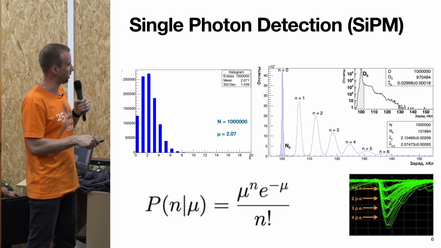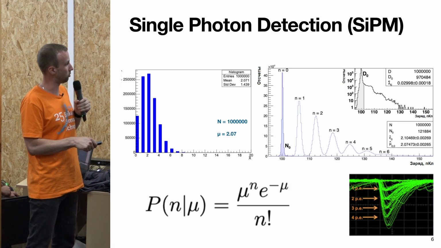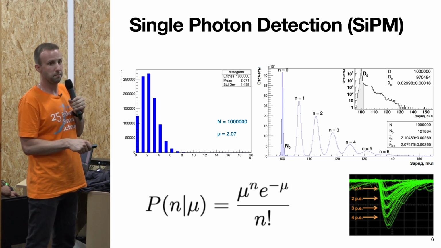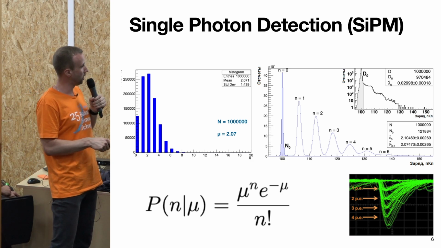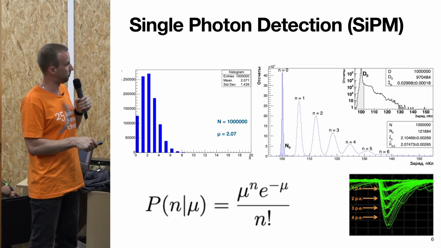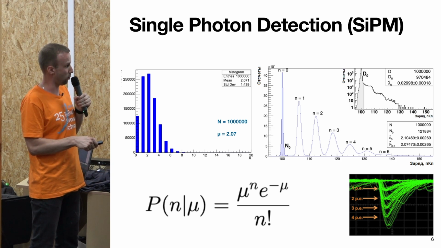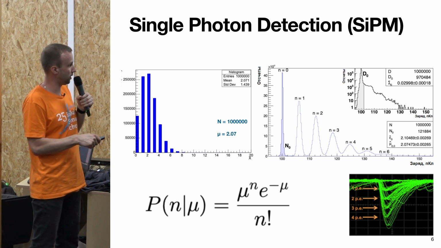So this is the equation of the Poisson distribution, and here on the right hand side on the bottom you can see the real pulses from the oscilloscope. Here you can see that we have pulses with different amplitudes, right? The baseline is our 0 or pedestal.